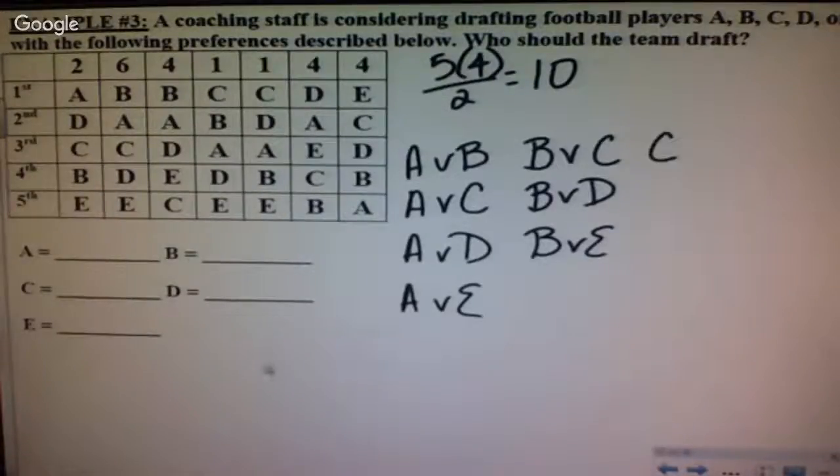My next should be my C comparison, so C versus D and E. And finally, we finish off with D versus E. And again, if you count those all up, there's a total of 10 there.